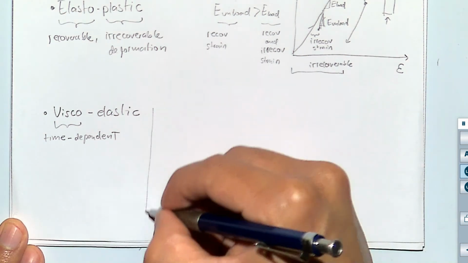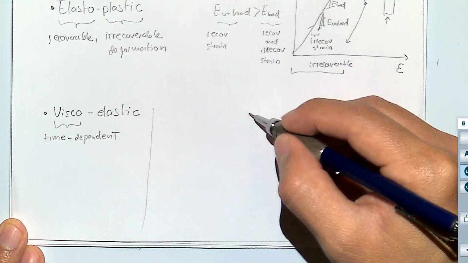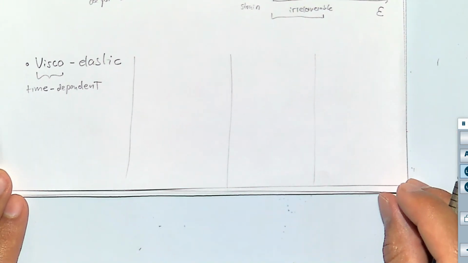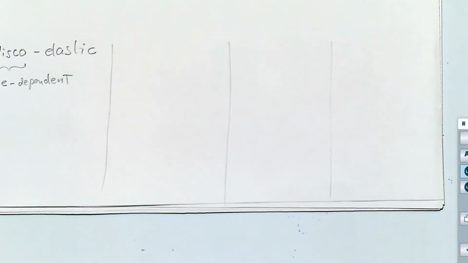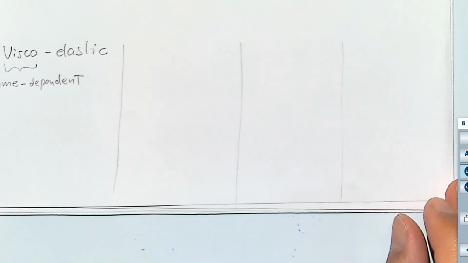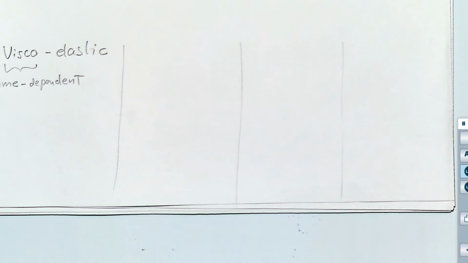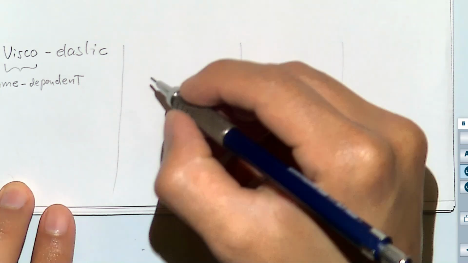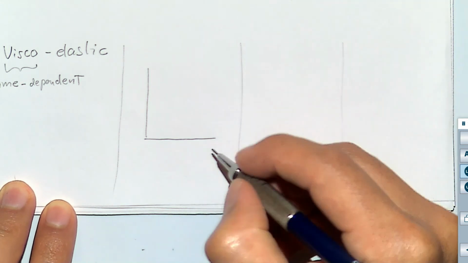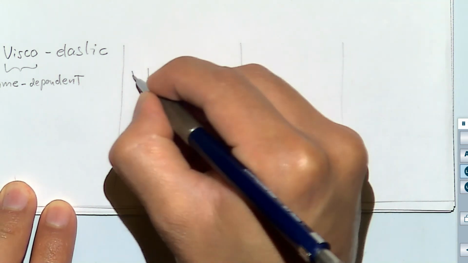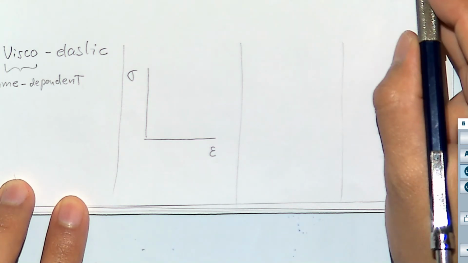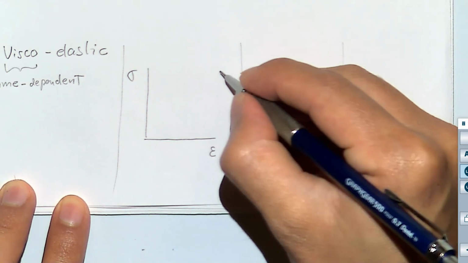I'm going to summarize a bit here, 3 types of phenomena that are going to tell us if a material is viscoelastic. The first one is going to be looking at the Young modulus, and it's related to the previous experiment that we did before.